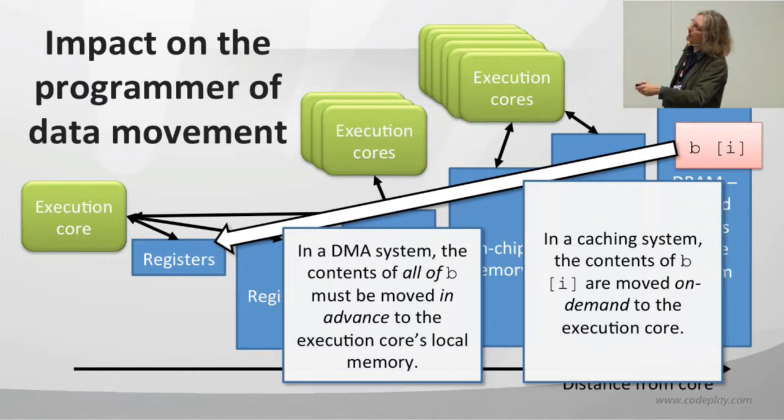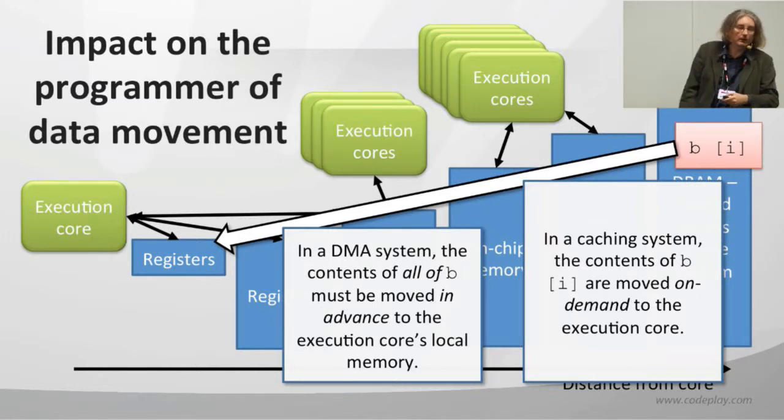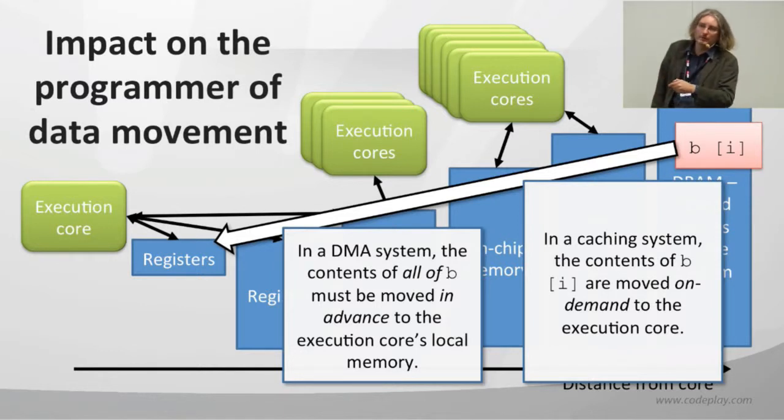It's going to automatically move B[i] up the hierarchy. And there might even be an extra level of hierarchy on a CPU. There might be a hard drive out here for virtual memory. So the system is going to move it around up to your execution core. And your execution core may have to stop and wait, or maybe it goes off and does something else, or maybe it doesn't. So this is data moved in on demand.